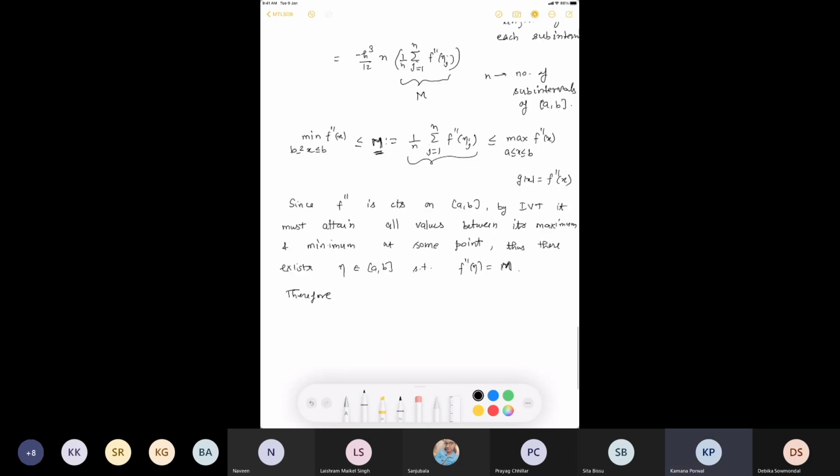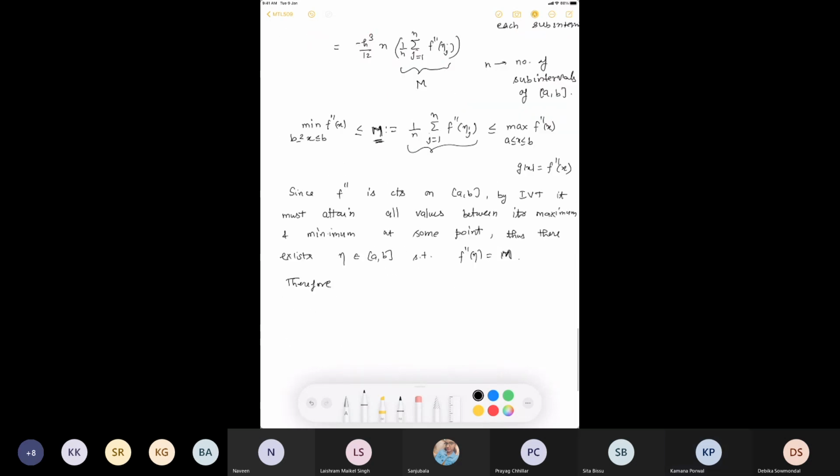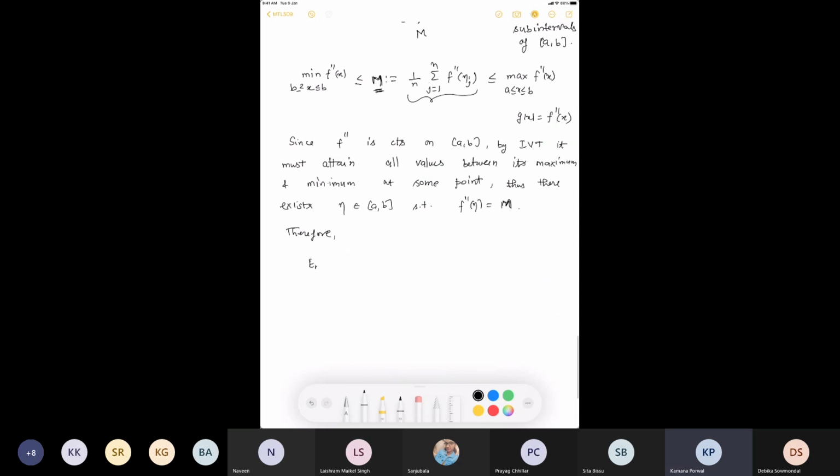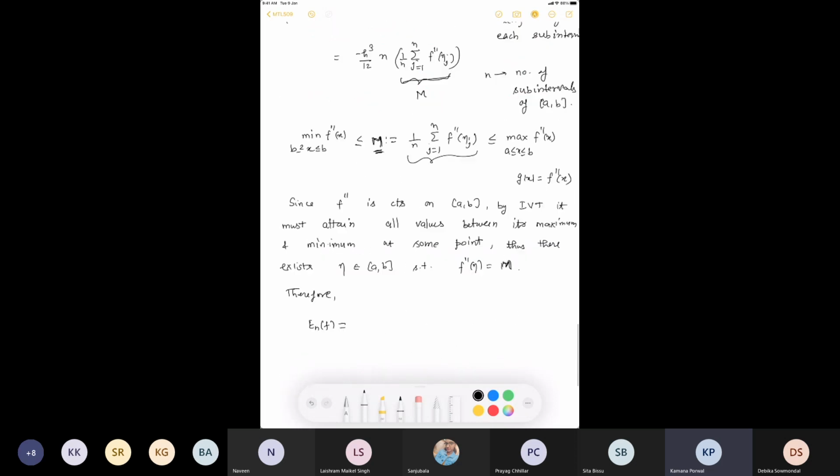So this error formula, which is E_n f, will basically become, so this quantity is nothing but m. This is nothing but f double prime of eta, and then we have this factor.